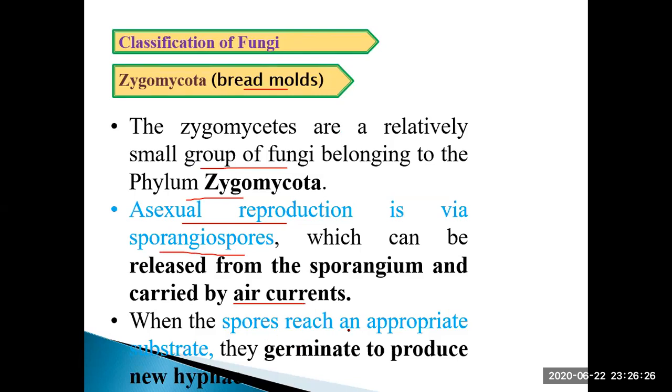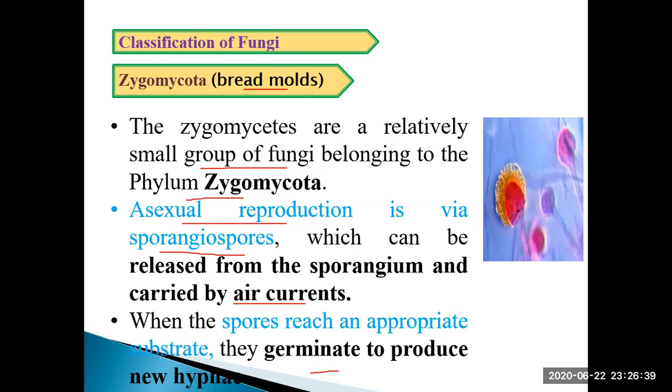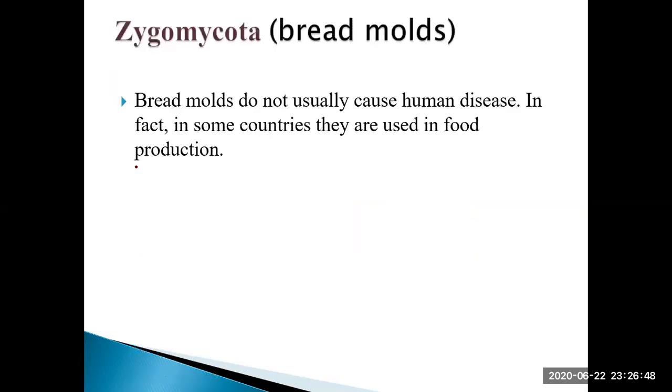When these spores get appropriate environmental conditions, they germinate to produce new hyphae. An example of Zygomycota, or bread mold, is Rhizopus stolonifer. Bread molds are actually not so harmful to humans.